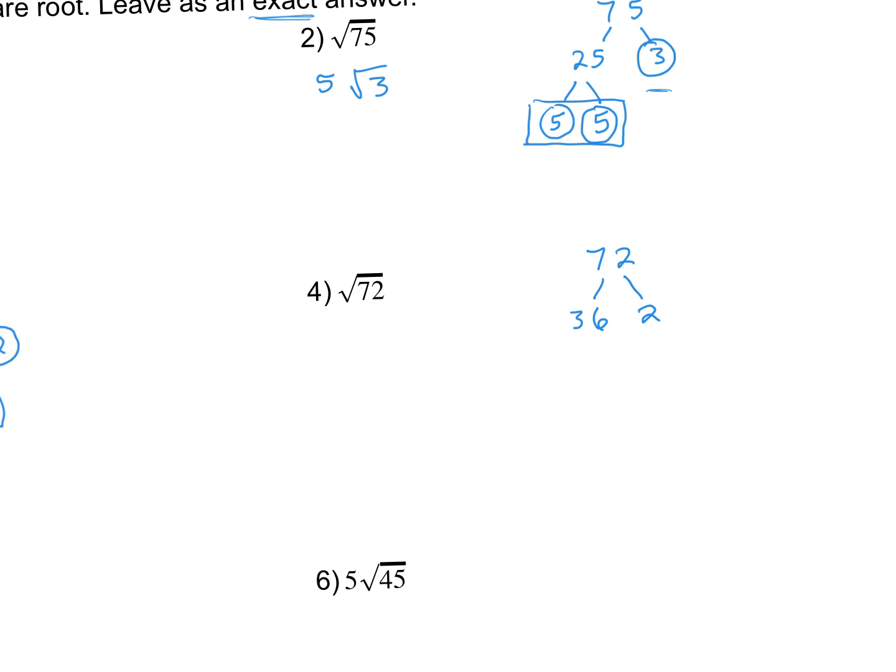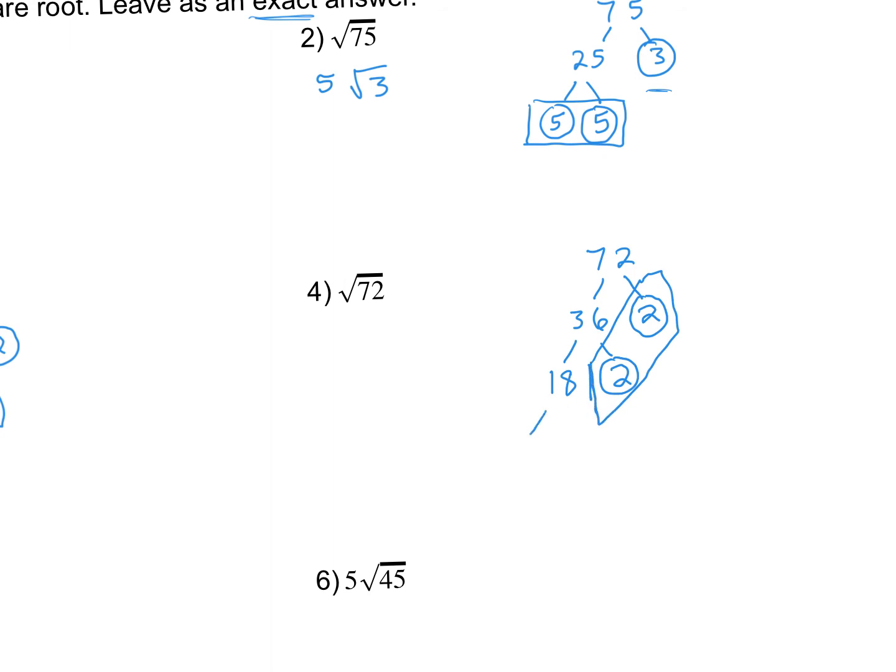Okay, 2 is a prime number, not 36. 36, if I divide that by 2 again, is 2 times 18. I'm going to circle the 2. I got 2 and 2. I'm going to box this up really quickly just to tell me this is a pair.